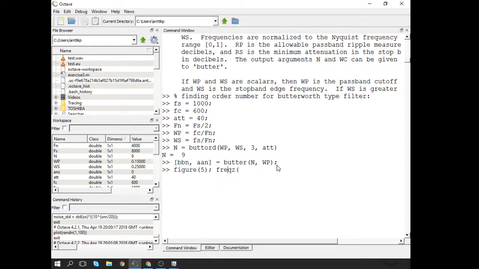All right, so let me do it over again. Okay, N and WC was the parameter, but it comes out right. My WC is 1.5004. What is the WP? Okay, there's not that much difference in this one.